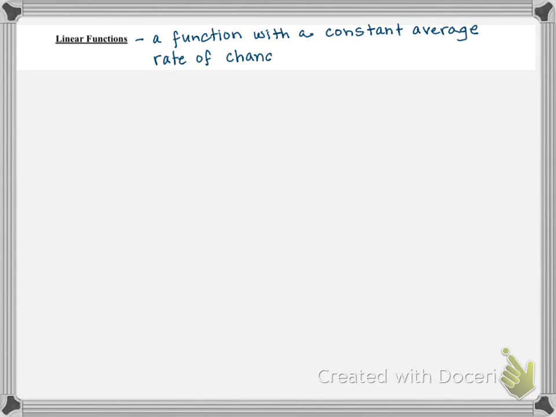So the definition of a linear function is it's a function with a constant average rate of change, which just means that it's the same for all pairs of points.